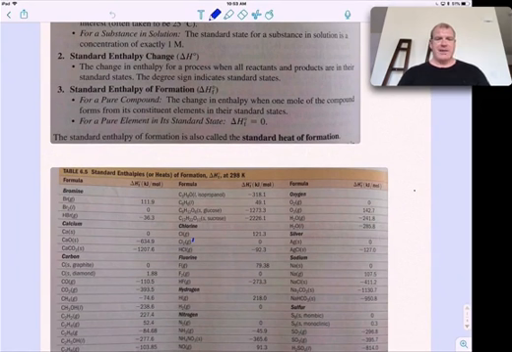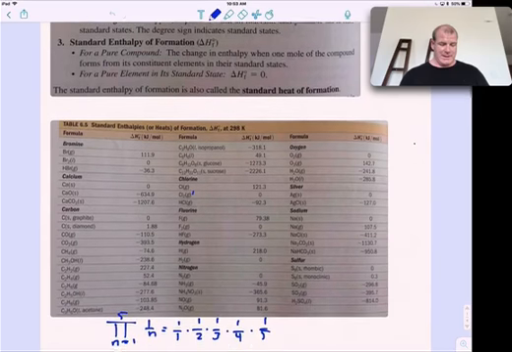Enthalpy is a relative scale. Remember, degrees Celsius is a relative scale: 0 degrees Celsius is the freezing point of water at 1 atmosphere. So for enthalpy, we pick zeros. Entropy, which we haven't studied yet, is an absolute function, but enthalpy is relative.